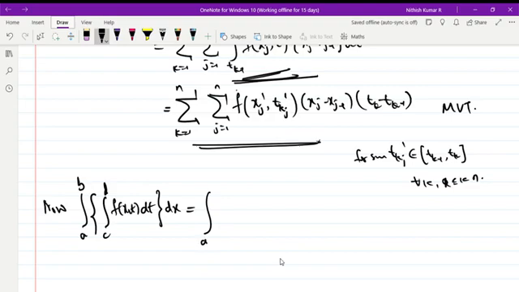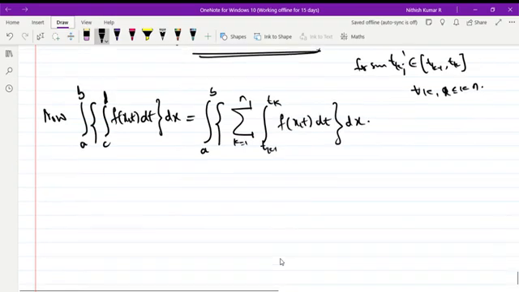We shall observe the same in a similar way, that is, the integral from a to b. Now the integral from c to d is divided into the smaller intervals tk, that we write in terms of a summation, inside the bracket. Now c to d is written as the summation of integrals from t(k-1) to tk, k from 1 to n, of f of x comma t dt, dx.